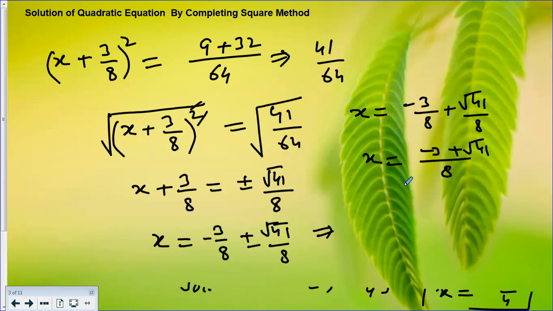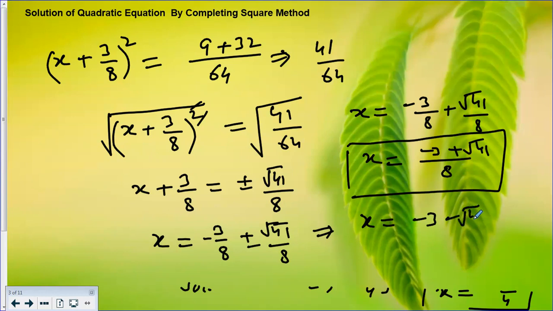So this is our first answer, the value of x. And if we take the negative value, we will get negative 3 minus square root of 41 divided by 8. So this is the second solution. This is how we can solve any quadratic equation by using the completing square method.